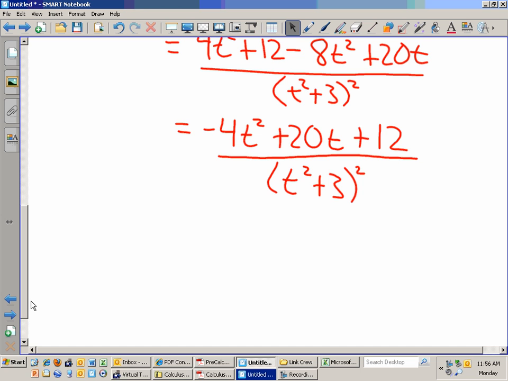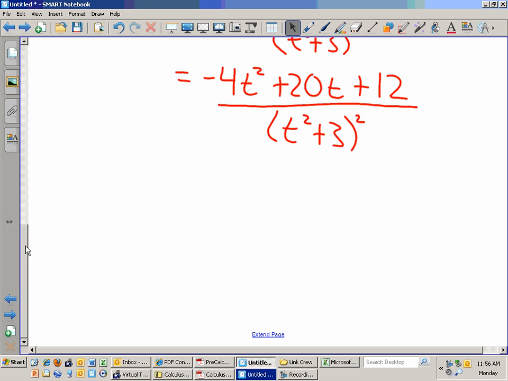So this is positive on the bottom. Now, can the denominator be equal to 0? No. So really all we want to find is, tell me if I'm true or false here, if the numerator is equal to 0, the entire thing's equal to 0. So instead of setting this whole thing equal to 0, I could just look at the numerator. And that will make things a lot easier.